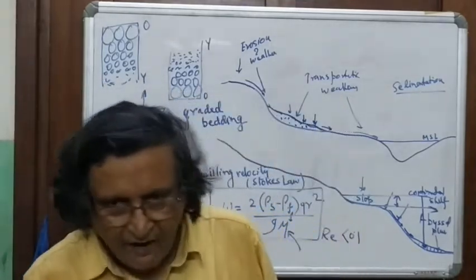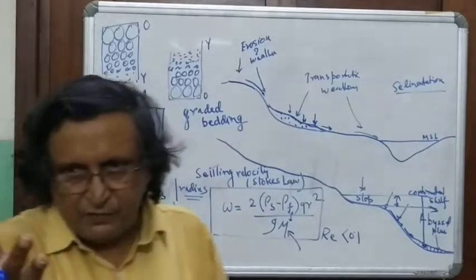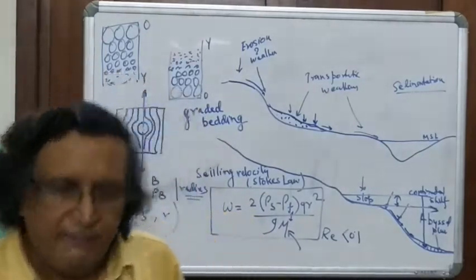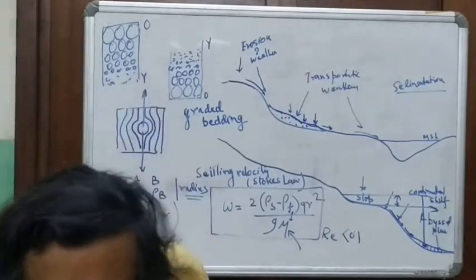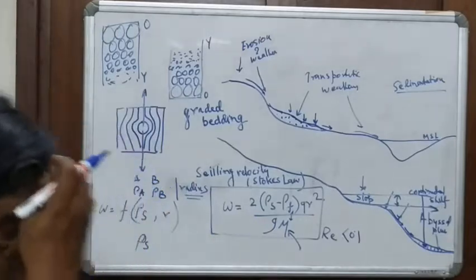So if you have higher mu values, that means a more viscous material, then of course there will be more drag, and this will reduce the settling velocities. So it's all very understandable.